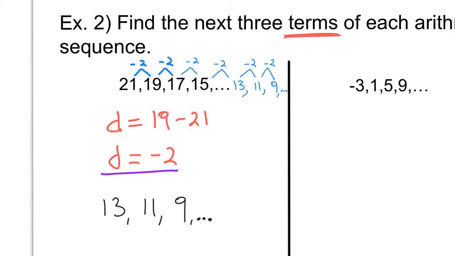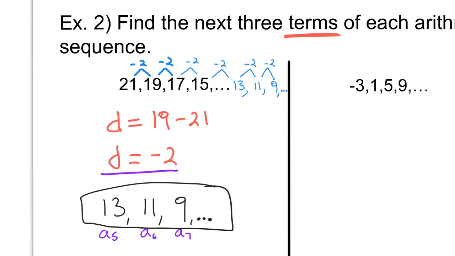So this is the 5th term. We found the 5th term, a sub 5, the 6th term, a sub 6, and the 7th term, a sub 7. The answer is actually these 3 numbers here, 13, 11, and 9.